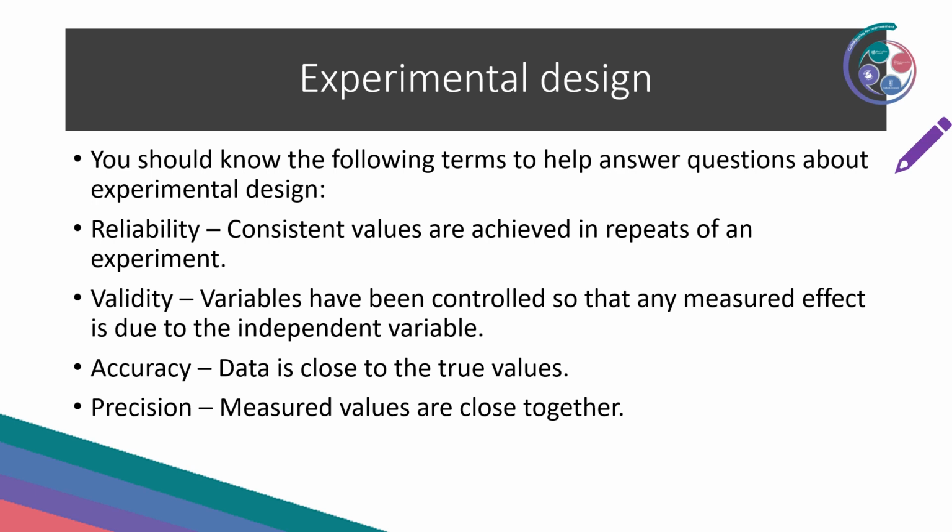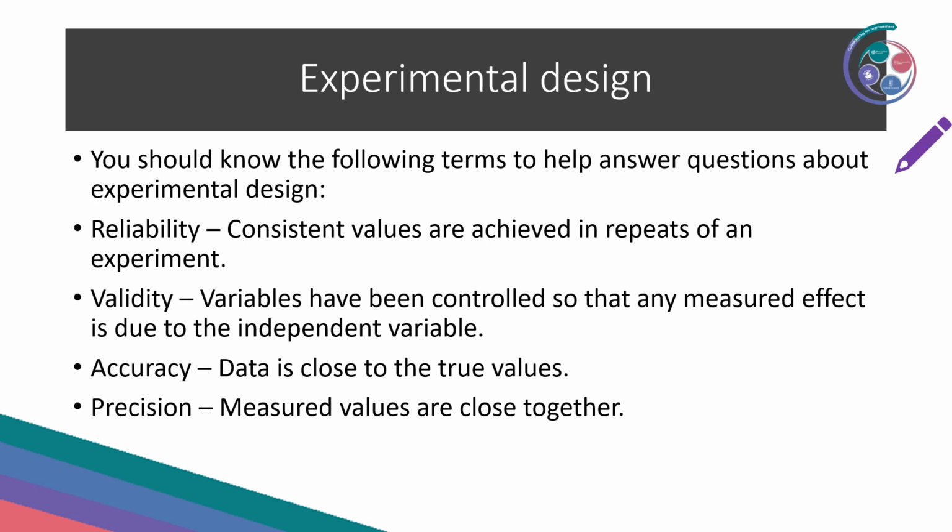Precision is when measured values are close together. A precise study would be one where the values are maybe within 0.1 of each other, so they're not varying too greatly from that true value. So something could be accurate but not precise. An accurate study might have data that's close to the true value. It might be that the true value is 0.5, so you have some data that's 0.25, 0.6.